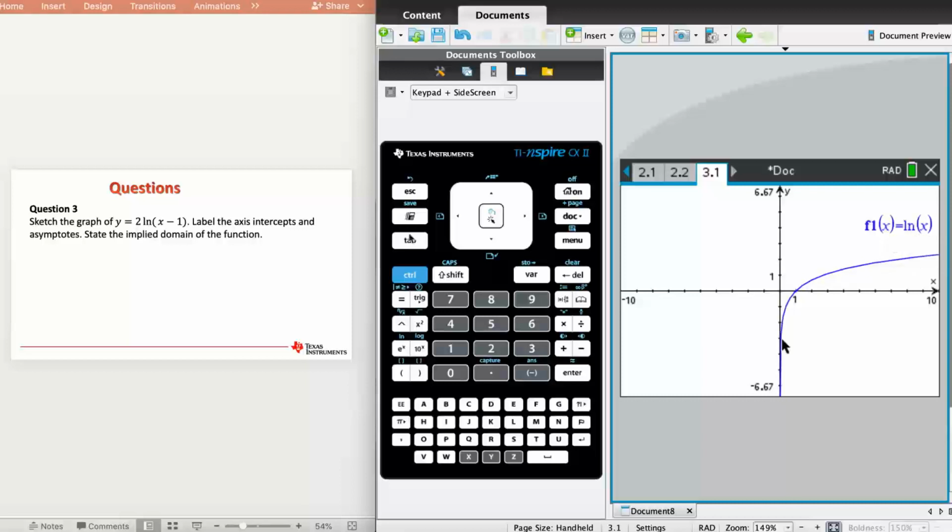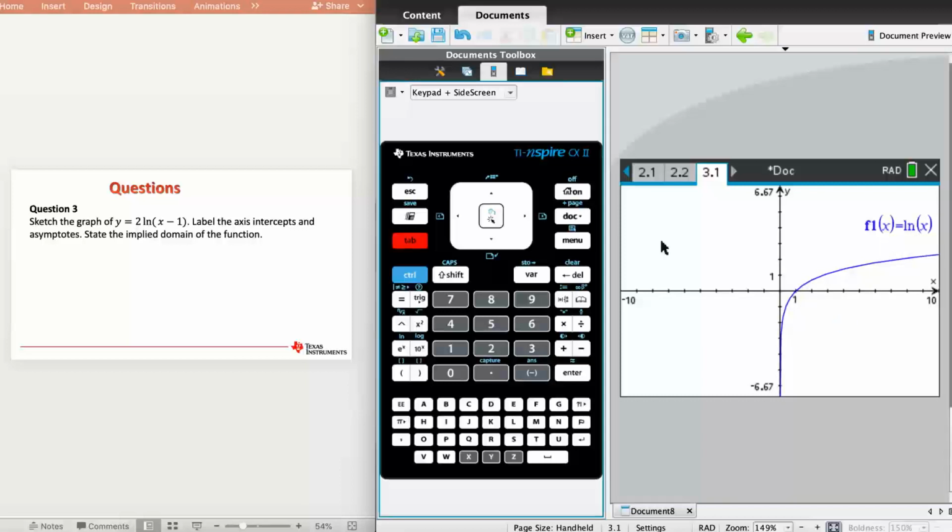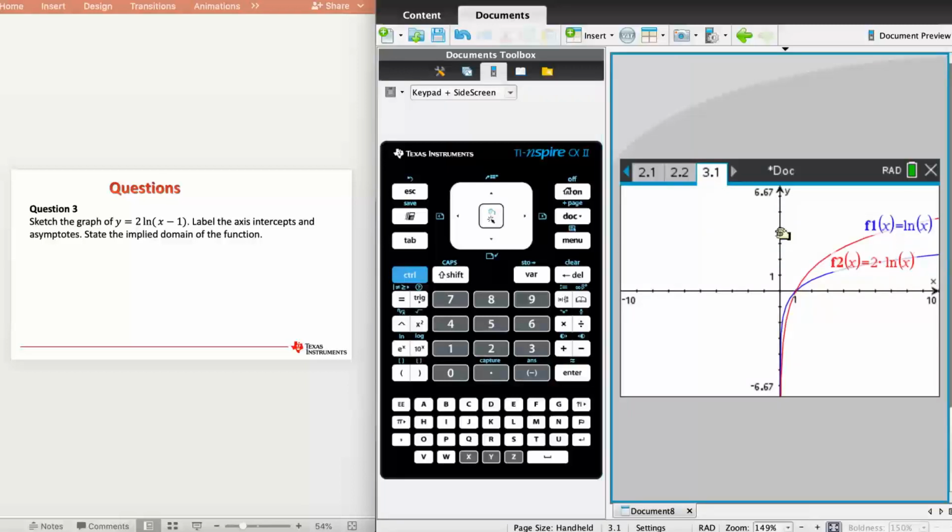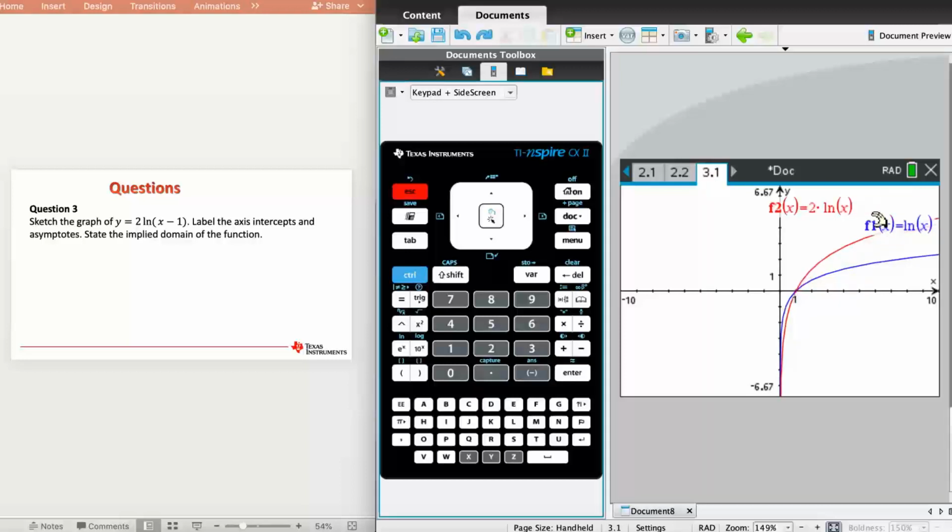Let's add in another graph now. Let's look at what the graph of 2 natural log of x looks like. So this graph, the red one, also has the y-axis as an asymptote, and the x value continues to infinity.